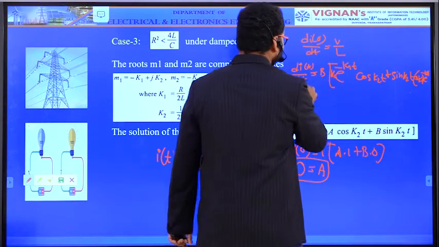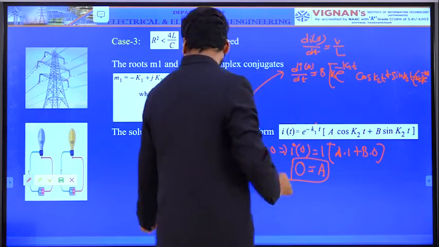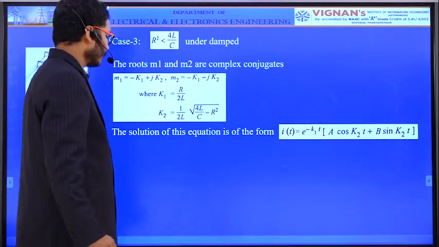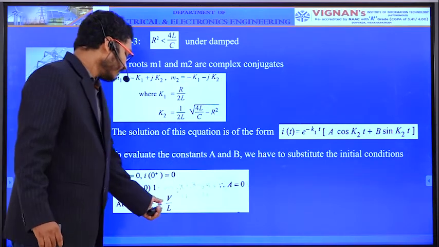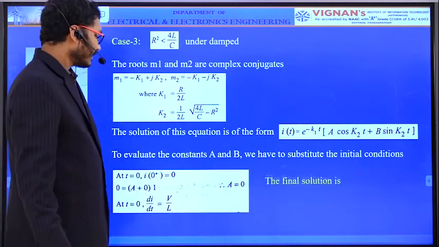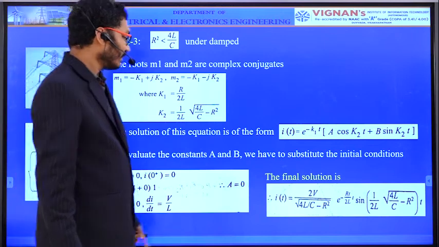Just apply t equals 0, and you will get at t equals 0 the value V by L.